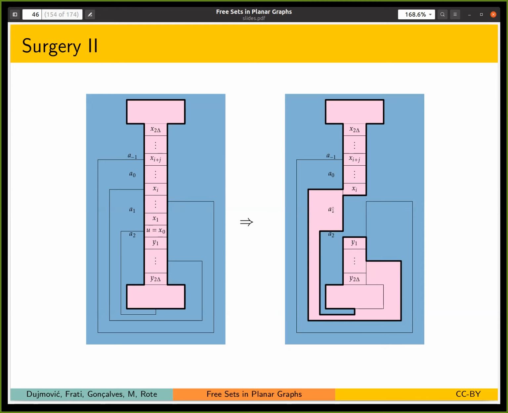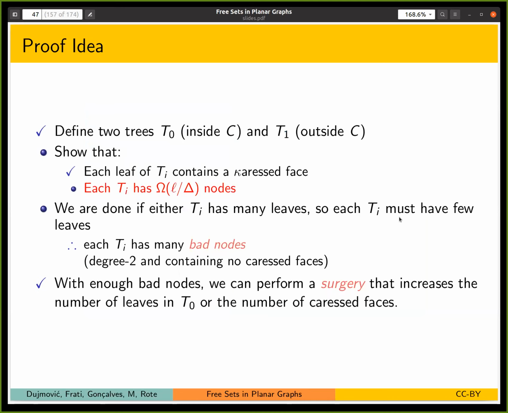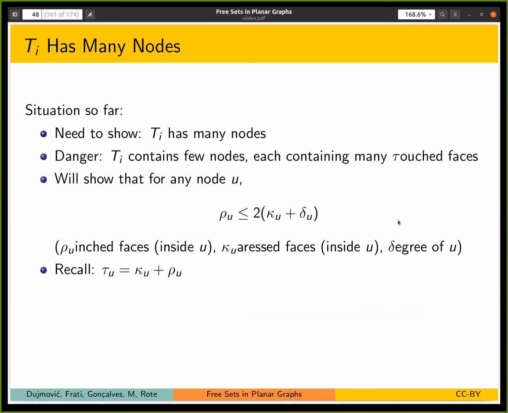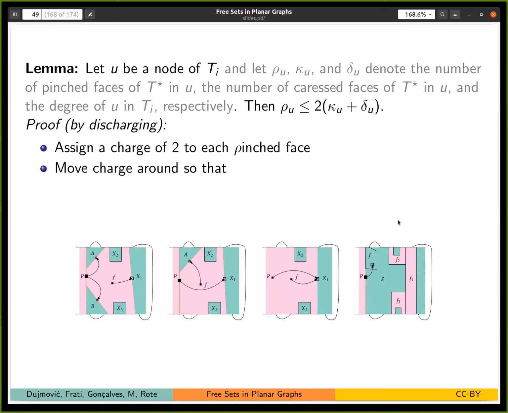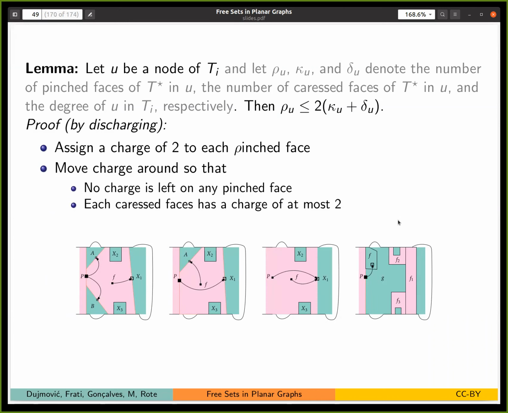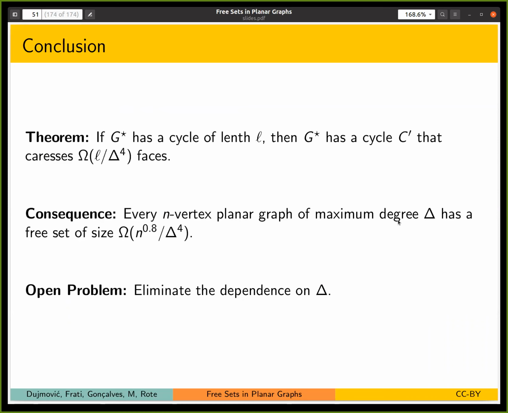So maybe the length of the cycle went down, but it went down by at most something like delta cubed. You can get away with this a large number of times before the cycle gets too short. So that's the idea. I'll skip the rest. There's an issue of nodes in the tree being large, but I won't bother you with those.